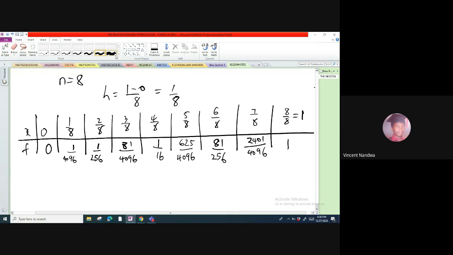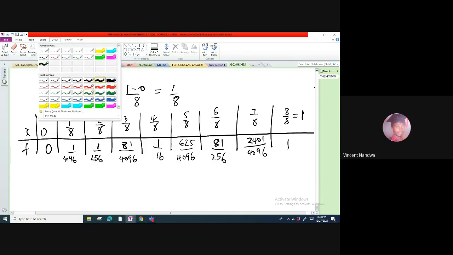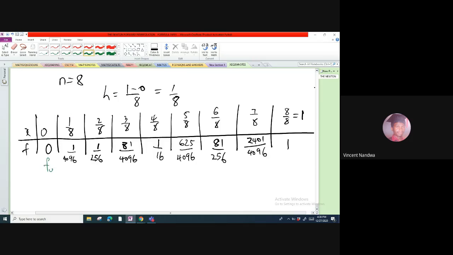So here you can actually label these ordinates as your f0, f1, f2, f3, f4, f5, f6, f7, f8.